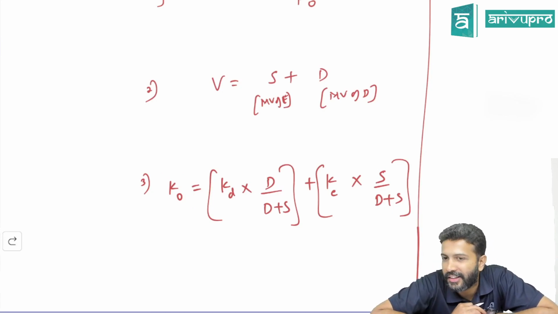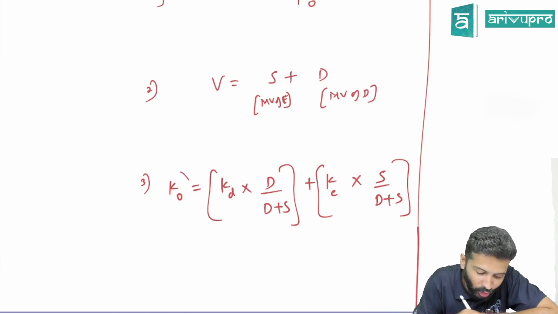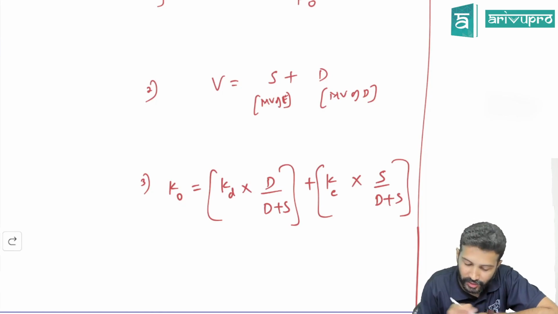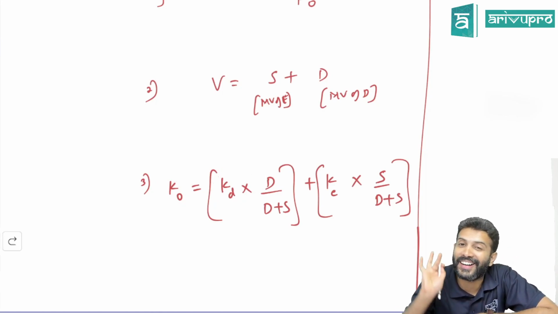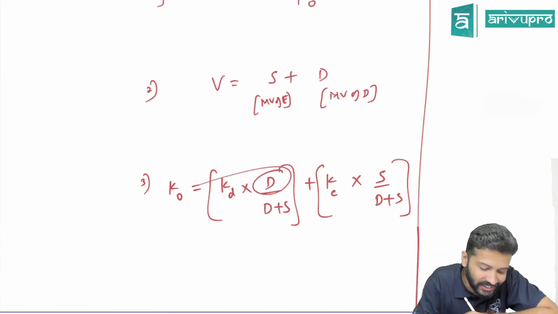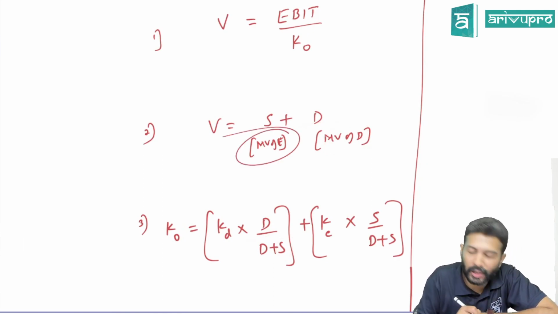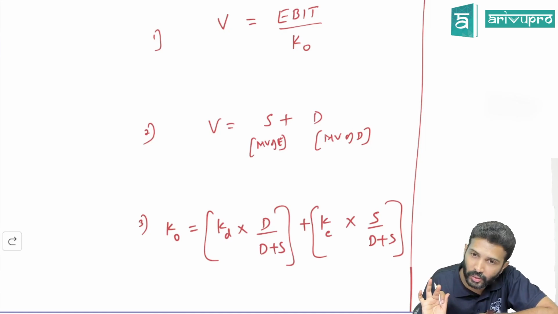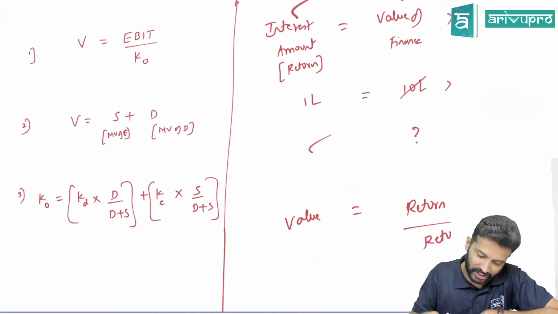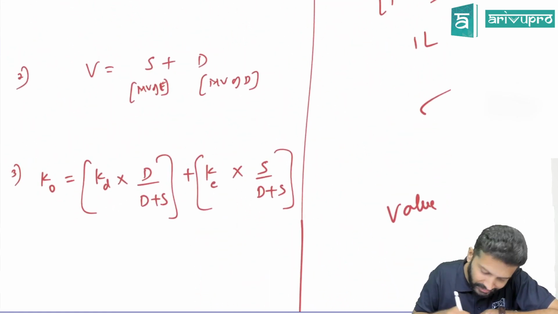Did anybody understand that? First of all, what is KO? Overall cost of capital. What is KD? Cost of debt. What is D? Market value of debt. What is S? Market value of equity. Is it okay? It's nothing but actually this you know. You have done this.